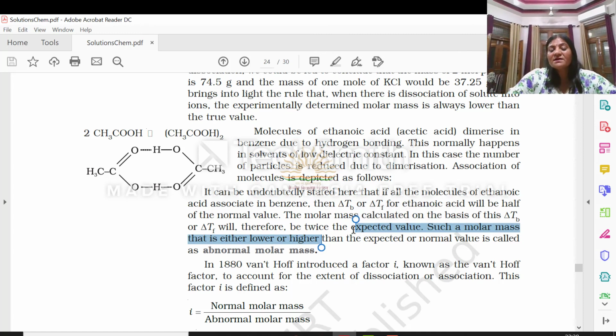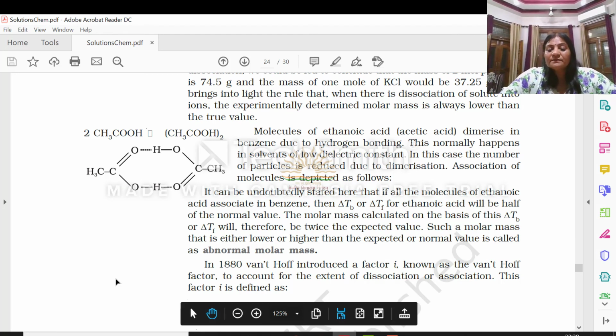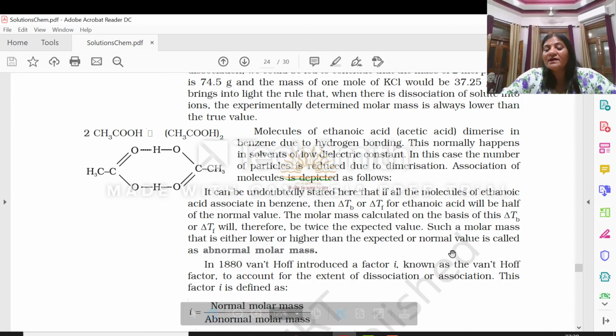Such a molar mass is either lower or higher. The difference between the expected value and the normal value is called the abnormal molar mass.